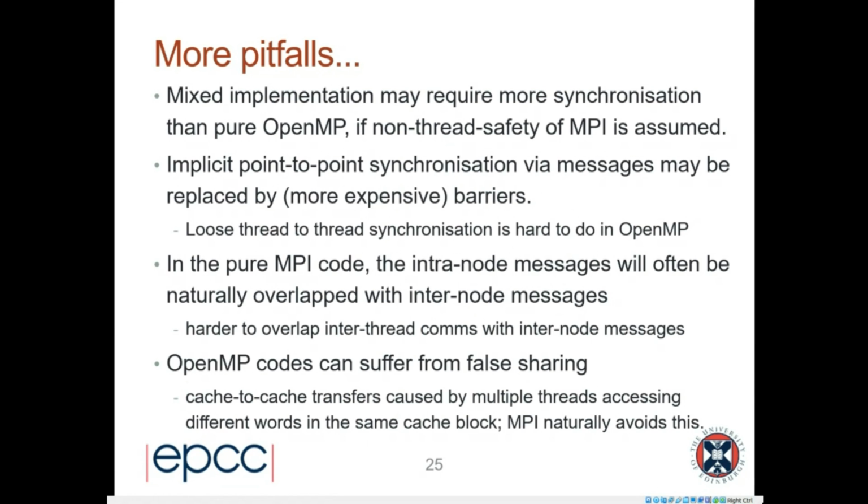Cache thrashing happens when two threads access the same data: one accesses some data and takes a copy in its cache. If another thread accesses the same data, then my cache is invalidated, and it's updating the other cache, and you just spend all your time updating your caches. That's called false sharing or cache thrashing. It doesn't lead to an incorrect code, but it does lead to very poor performance.